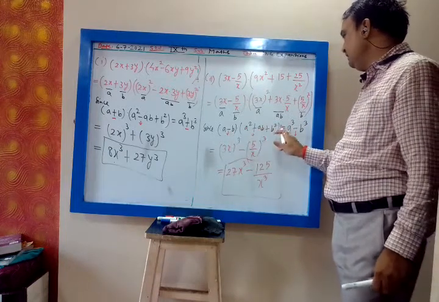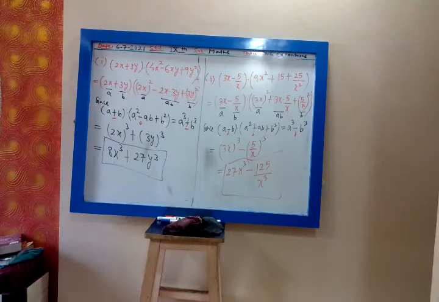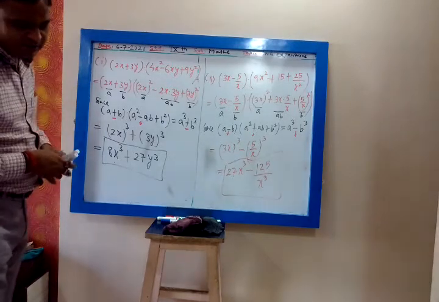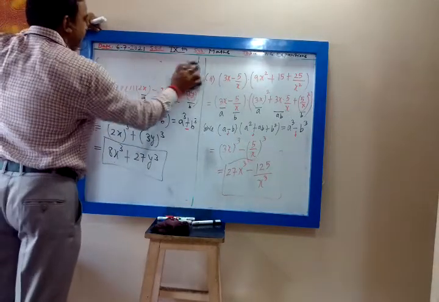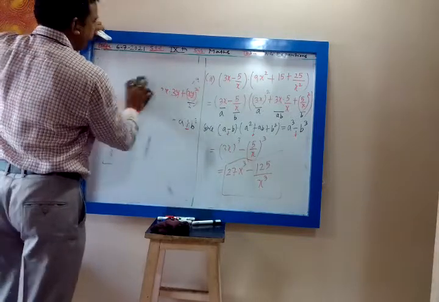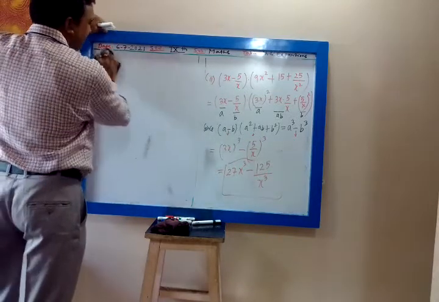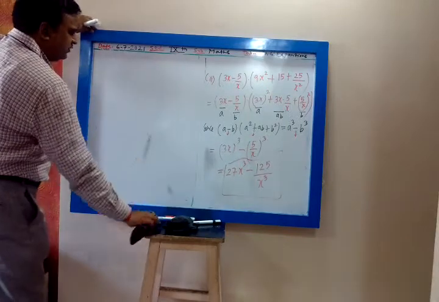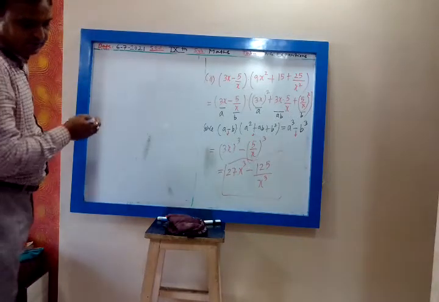If it is A cube minus B cube, it is A minus B. If it is A cube plus B cube, it is A plus B. Then A square plus AB plus B square, or A square minus AB plus B square, we take the opposite sign. That's all. The terms remain same.